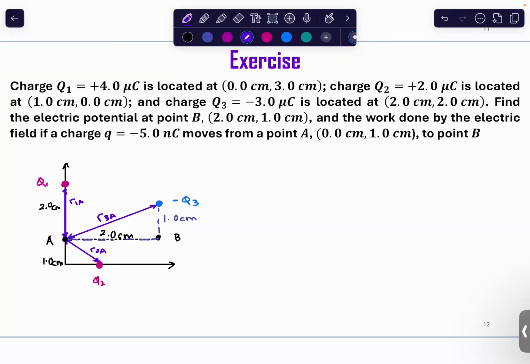That's okay. All right, so we have a couple of triangles here. Okay, what is, so Q2. So that's also 1 centimeter.